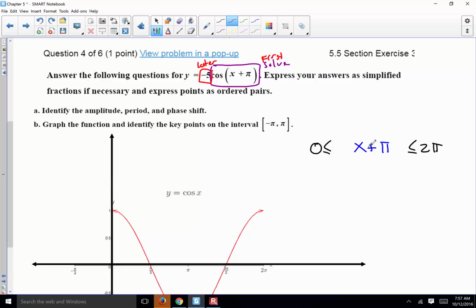Okay. Now let's see what x plus pi makes to our function. Well, I will only need to leave x alone. So I will subtract pi from both sides. Right? Oh, look at this. It reads minus pi. This is start.